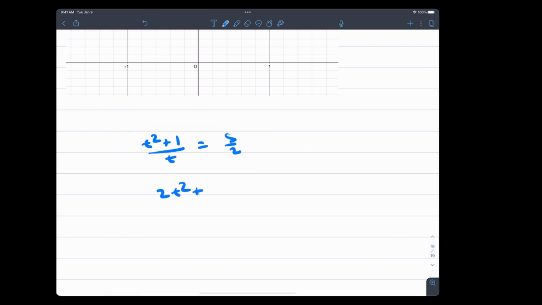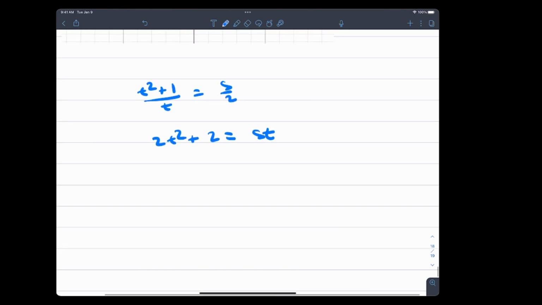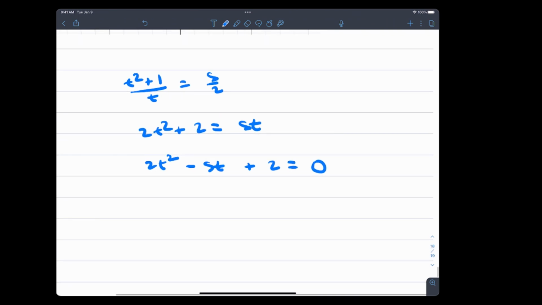Two t squared plus 2 equals 5t, cross multiplication. And then 2t squared minus 5t plus 2 equals 0. Now, hopefully, if you're lucky, you can factor. If not, how do you solve for t? Double check to see if my algebra is okay. I think that's good.